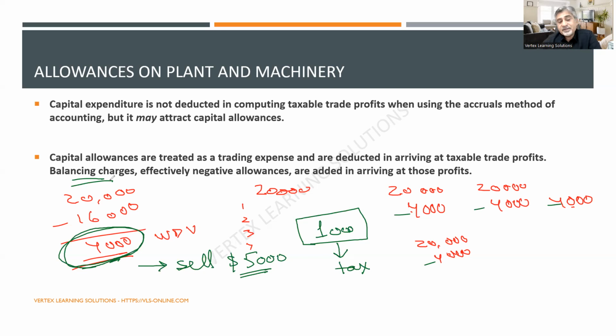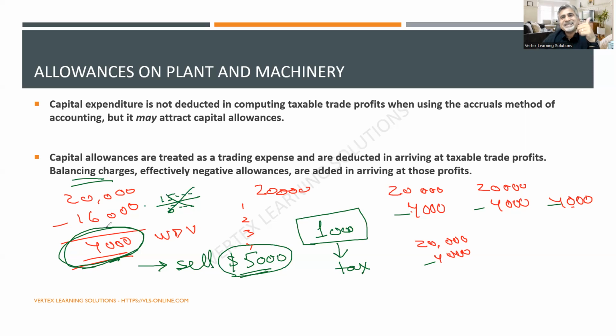Because if the sale value is 5,000, it looks like you charged more depreciation. You actually should have charged only 15,000, so that the book value should have been 5,000. Because you charged more depreciation before, you paid less taxes, because when depreciation is more, expense is more, and profit is less.